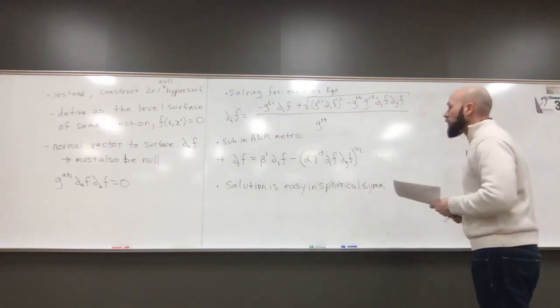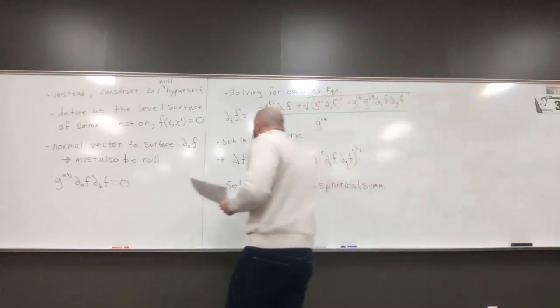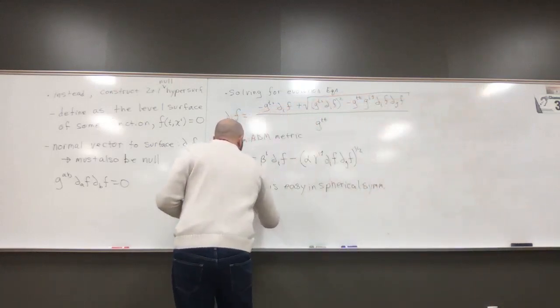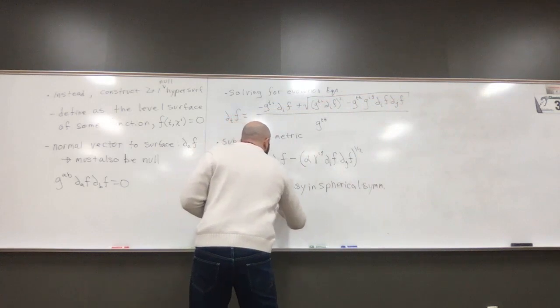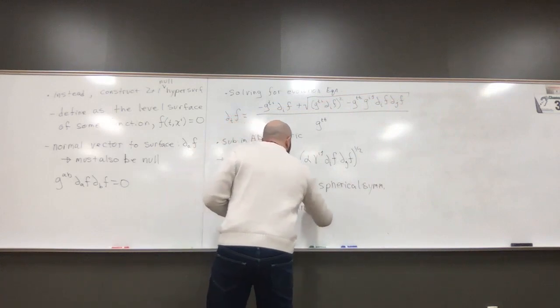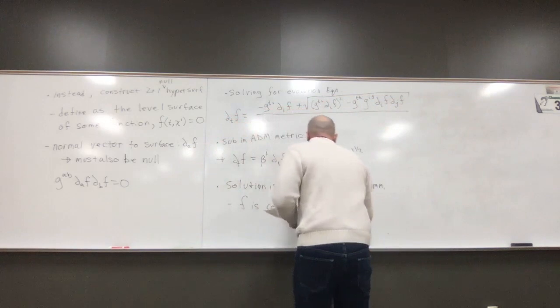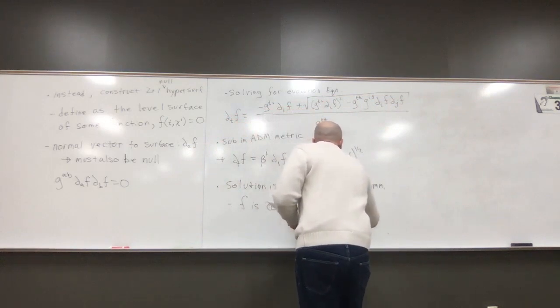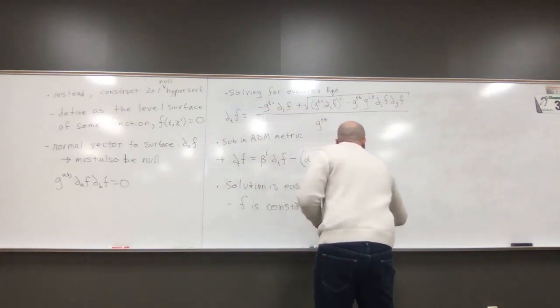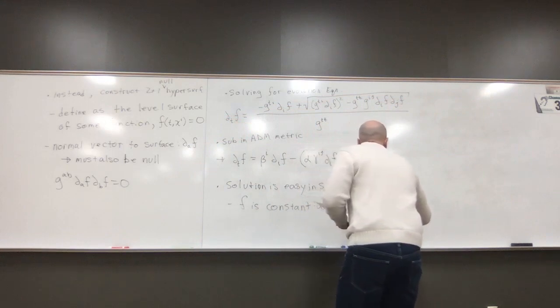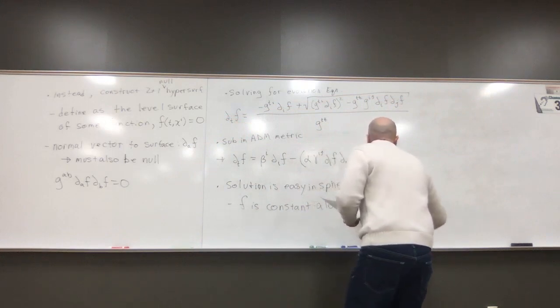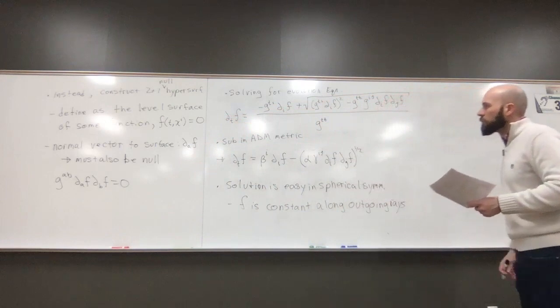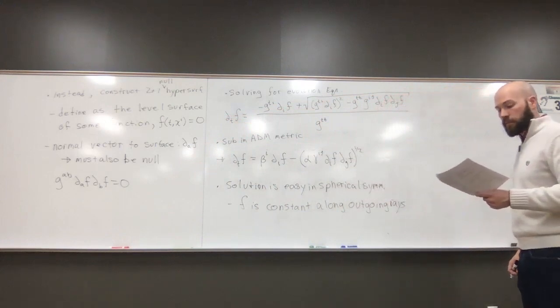And so, in spherical symmetry, f is a constant along outgoing rays. So we can use that to turn this around, right?